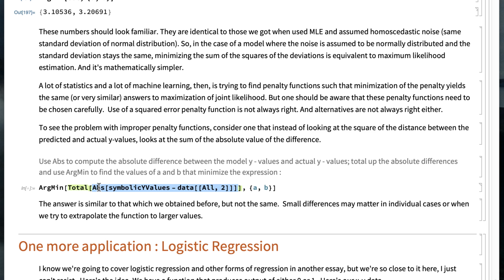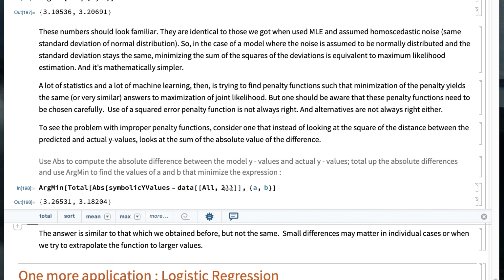I took the absolute value of each of them, added them up, and said, now tell me what values of A and B minimize that. And you can see, it's not wildly different, but it is different. So using a different penalty function can affect the outcome.